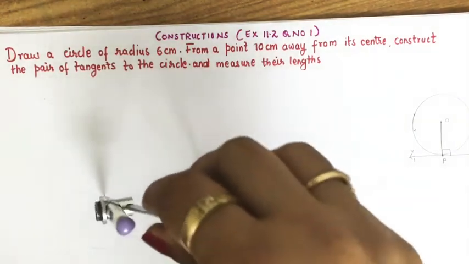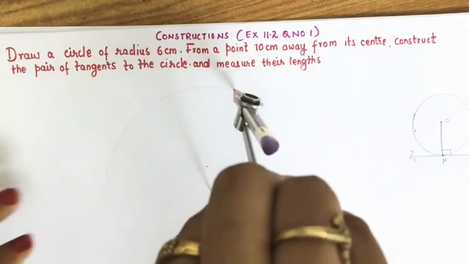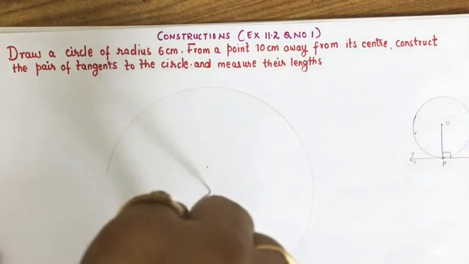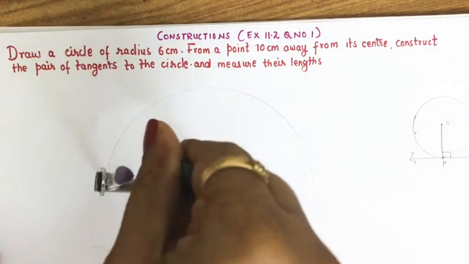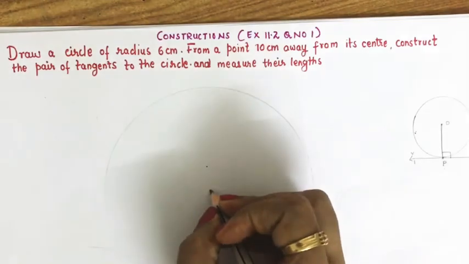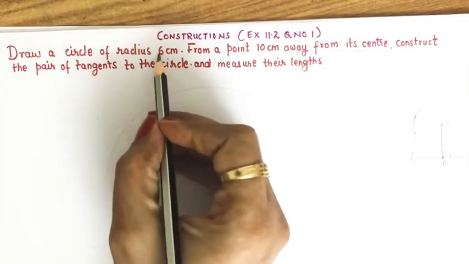I am drawing it a little below the point which I have chosen. So the first step is to draw a circle of radius 6 centimeter. This we have done. I call this center O, right? The radius of this circle is 6 centimeter.